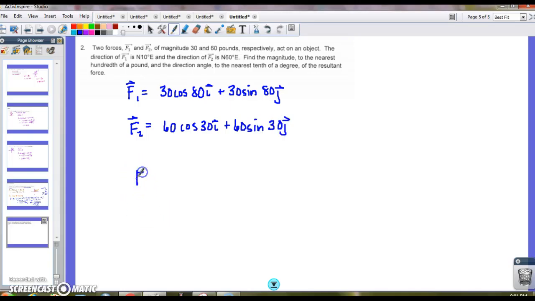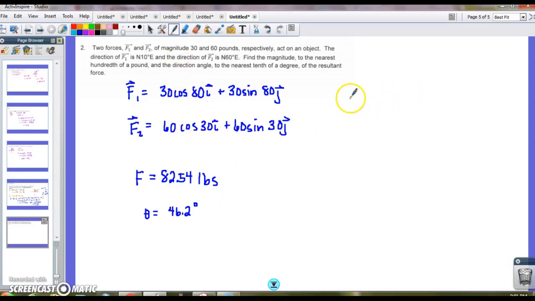If you go ahead and follow the other model there, when you solve for F, you end up with 82.54 pounds, and theta is equal to 46.2 degrees. Again, it's the exact same way as you did the other one.